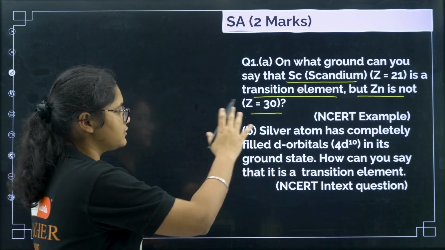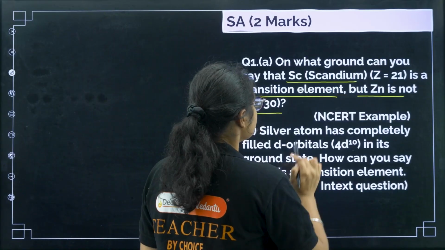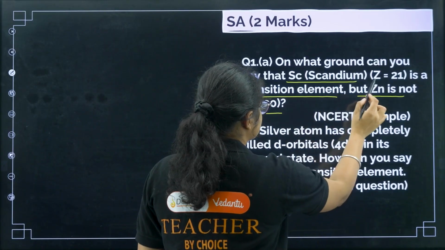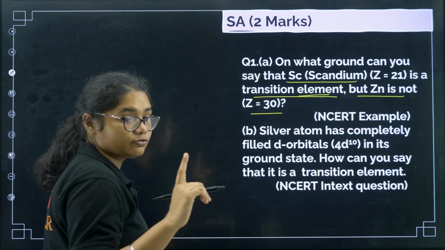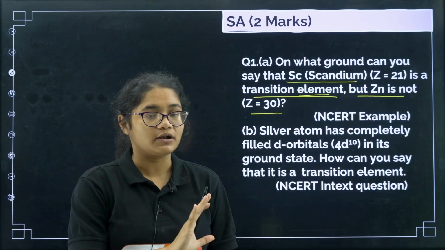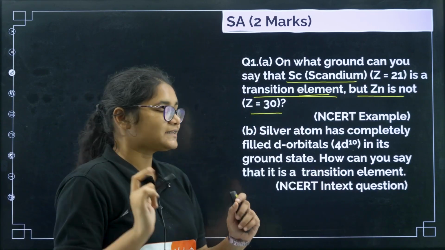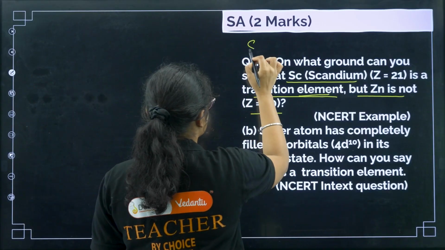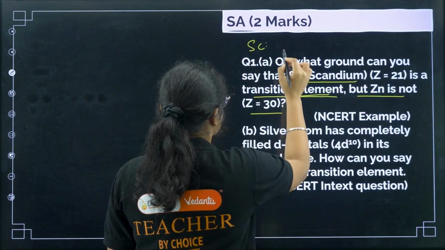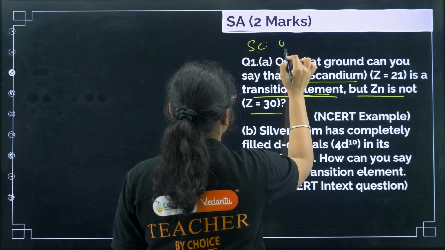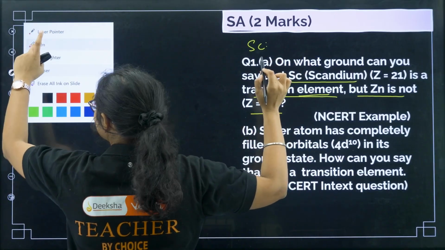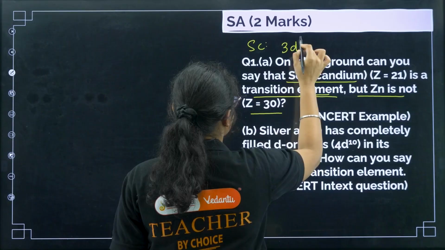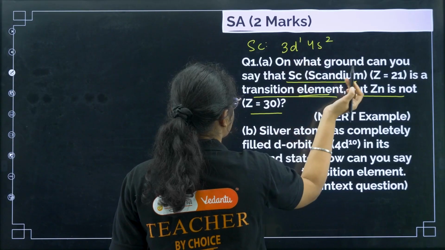With this definition we can definitely answer this question. Can you say that scandium is a transition element? I told you electronic configuration is very important for this particular chapter. Scandium is 3d1 4s2.